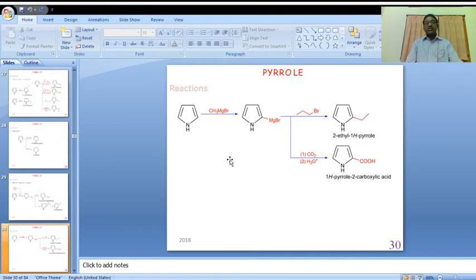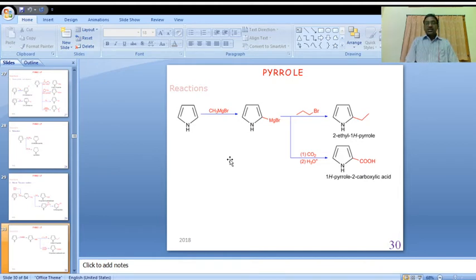RMgX is the general formula of a Grignard reagent. Here we are using methyl magnesium bromide. With this reagent, we get a second-substituted intermediate, pyrrole with magnesium bromide on the second position.